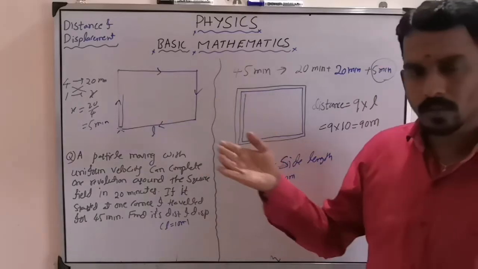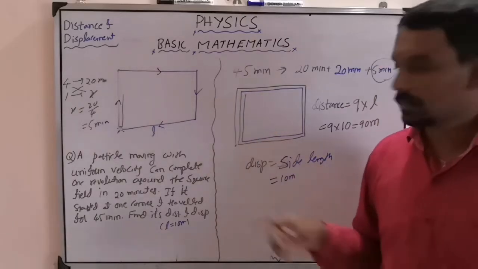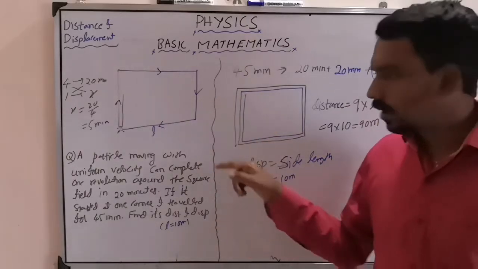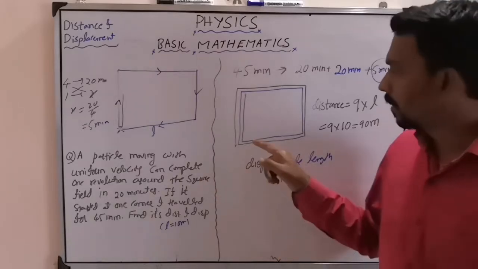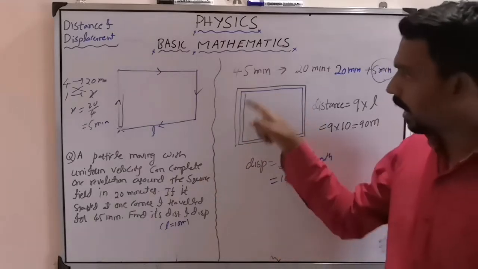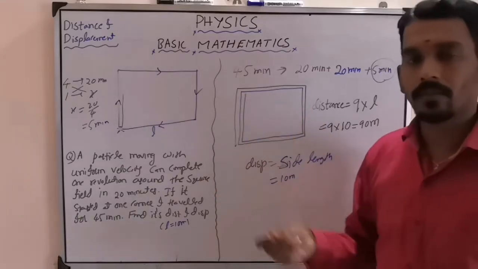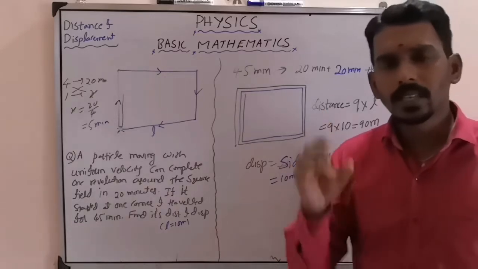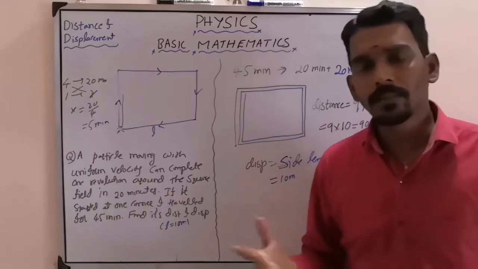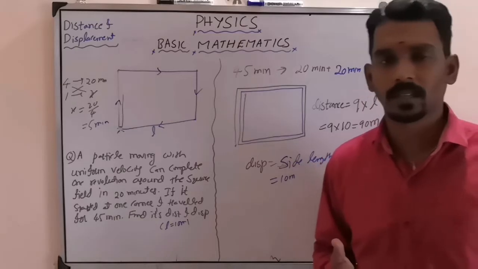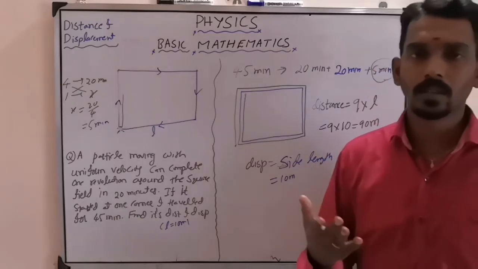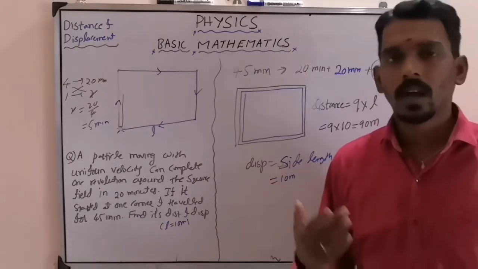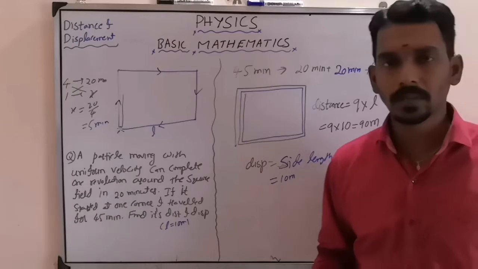So the previous question was a little bit easy compared to this one. Now this is a little bit tough because the way of understanding is a little bit tough. So that's why the concept of physics is simple. How simple is the concept of distance and displacement? Very simple. You can say total path length is distance and the shortest distance is displacement.